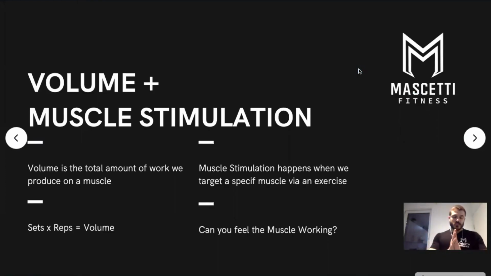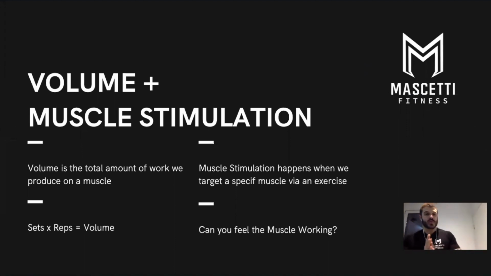Now, what do we need to take into consideration? When we train, we are targeting certain muscles to stimulate growth, right? Each exercise will target, well, one muscle alone is impossible, but different muscles.